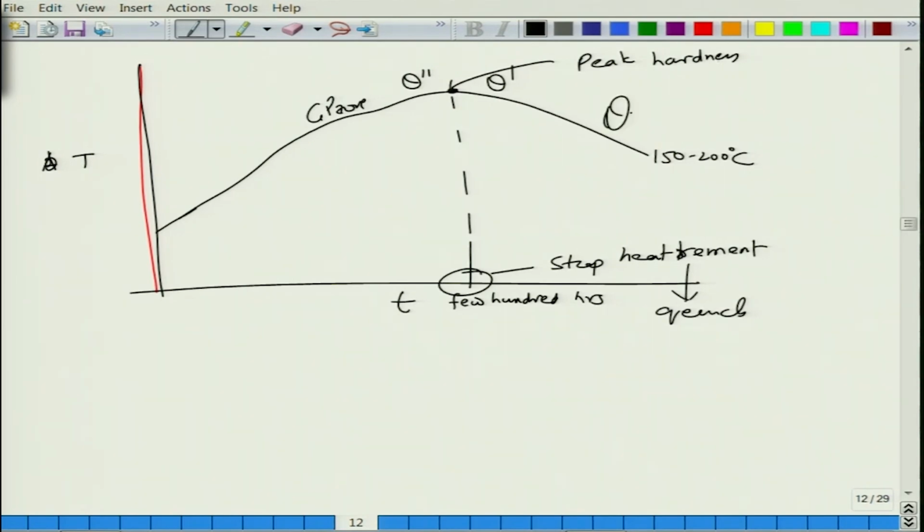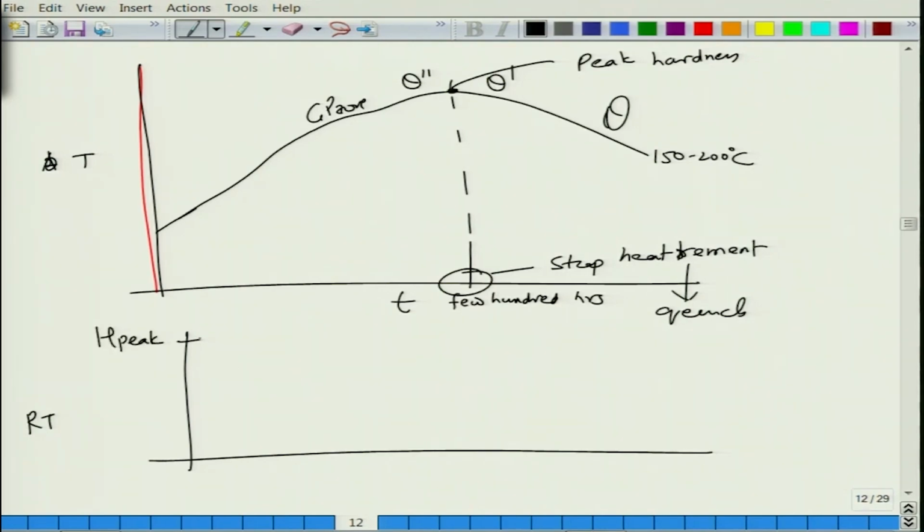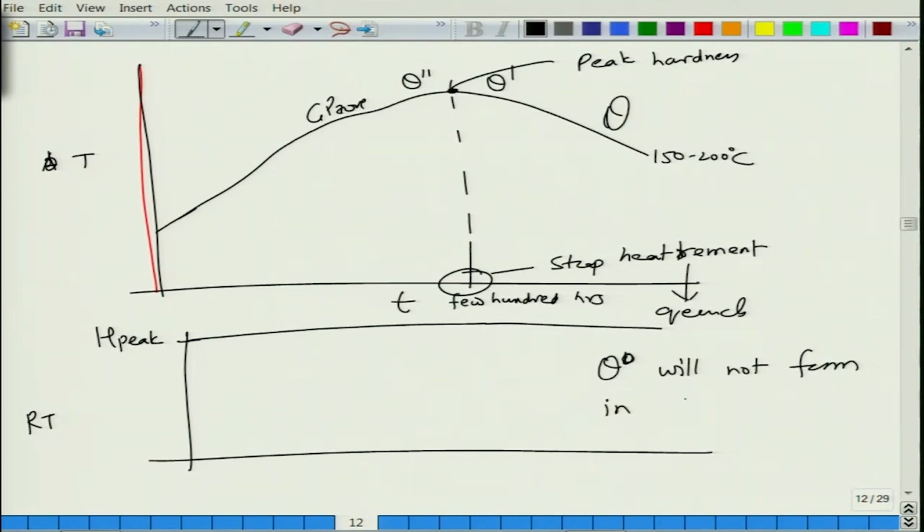So, when you quench at that point, you go to room temperature. So, at room temperature, let us say this is H, peak hardness, and this hardness remains constant because theta does not form easily at room temperature. So, theta will not form in the normal duration of life of the alloy.